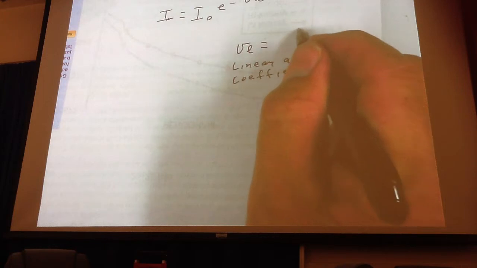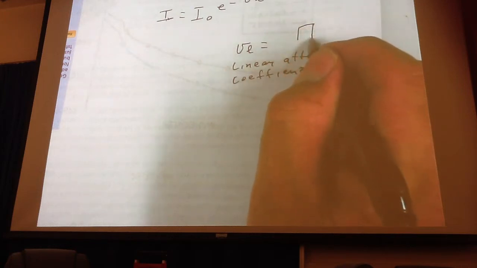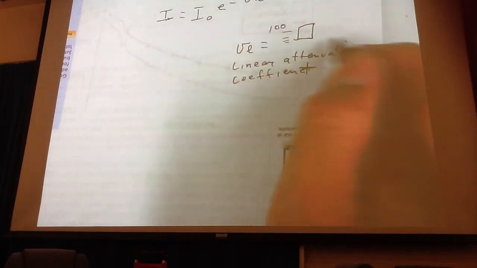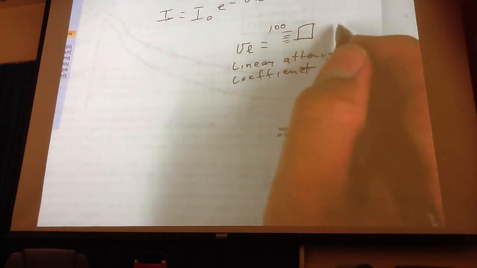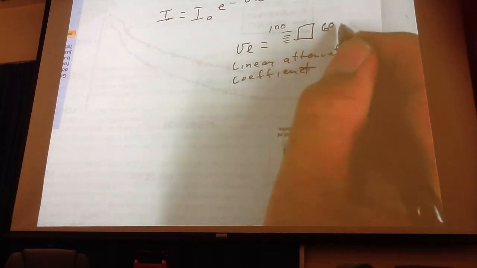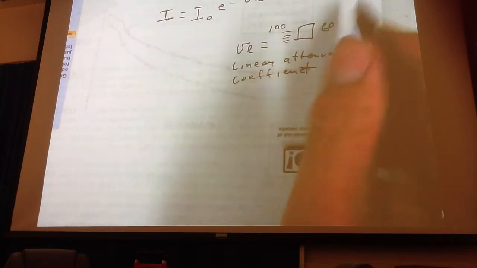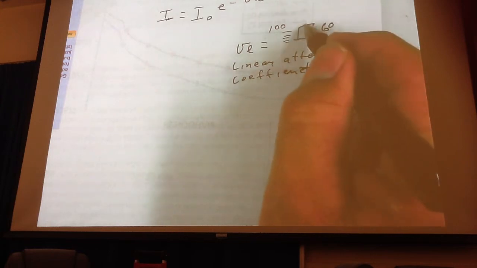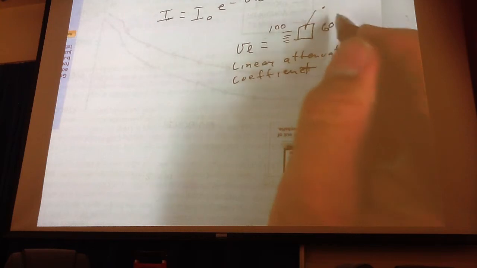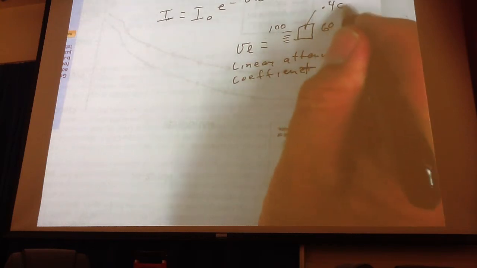So, remember I told you that if you had a centimeter block of material and you have 100 photons over here and 60 of them come out on the other side, then the amount that was removed is your linear attenuation coefficient. So you would have 0.4 per centimeter.